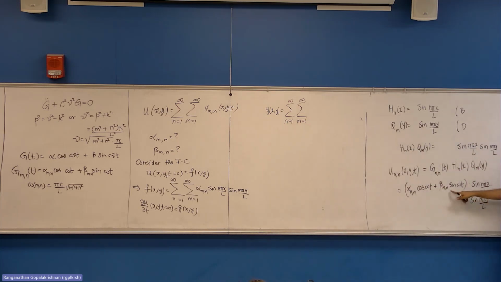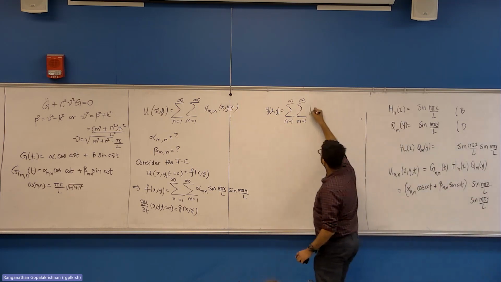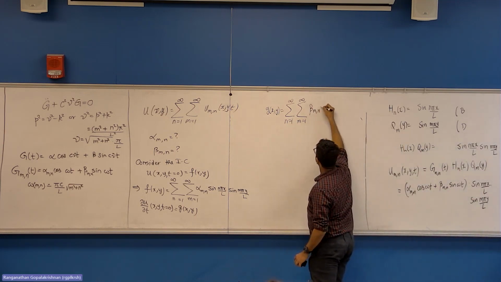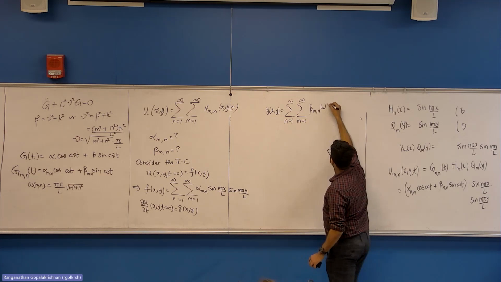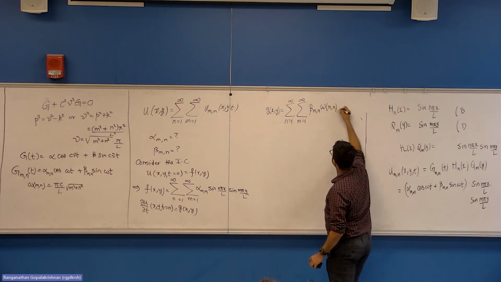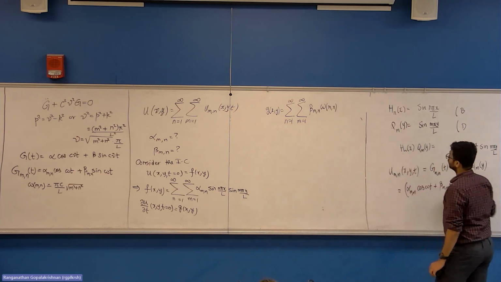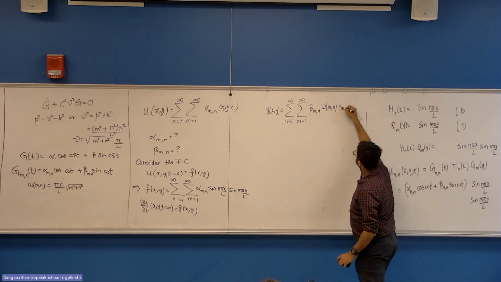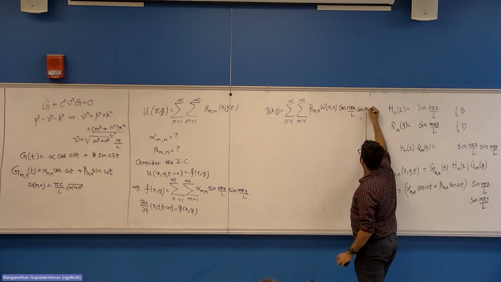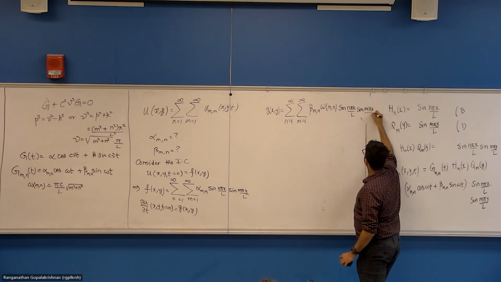If I take the derivative and then substitute, this term goes away, whereas this will stay. I'll have beta m comma n times omega, which also depends on m comma n, multiplied by the two functions, sine n pi x over L, sine m pi y over L.